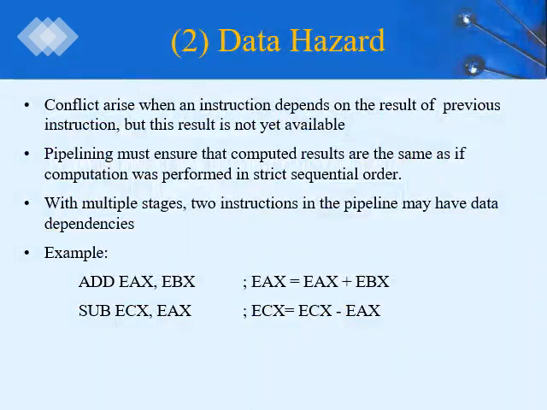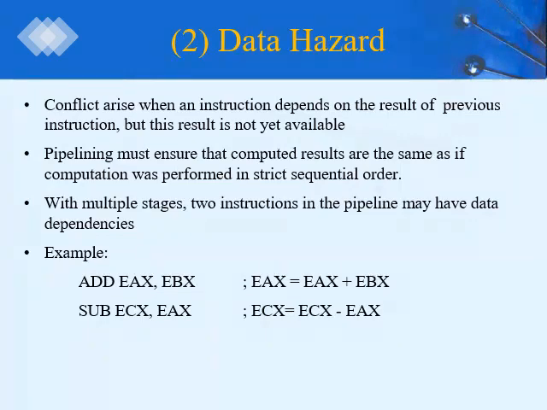After resource hazard, the second hazard is data hazard. It occurs when there is a conflict in the access of an operand location. The way I can explain it is this way. We have two instructions in a program which are to be executed in sequence, and both access a particular memory or register operand.